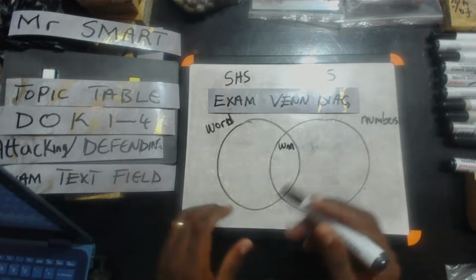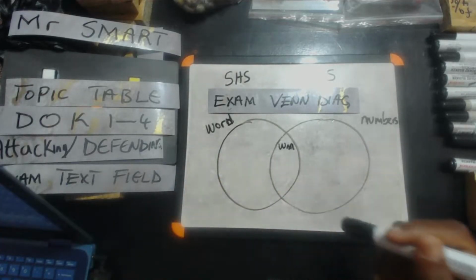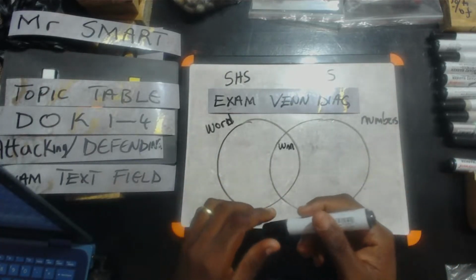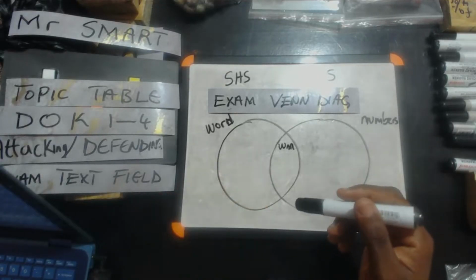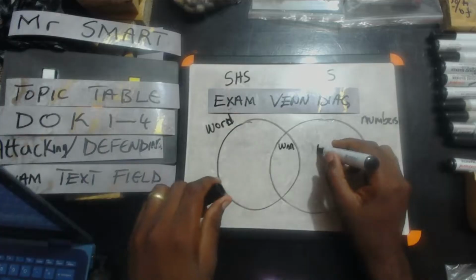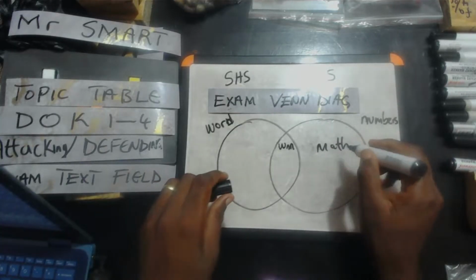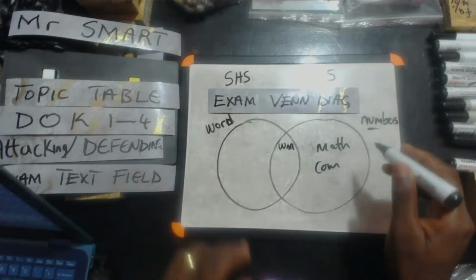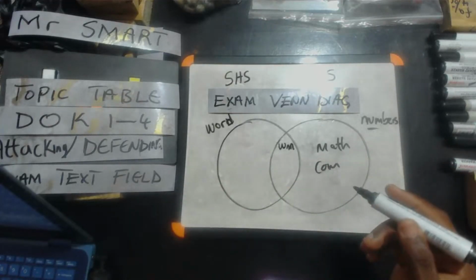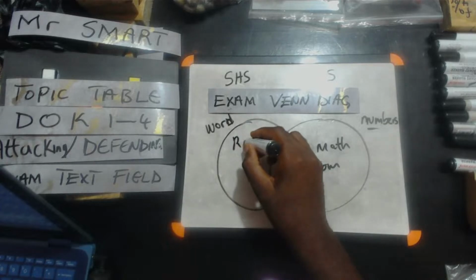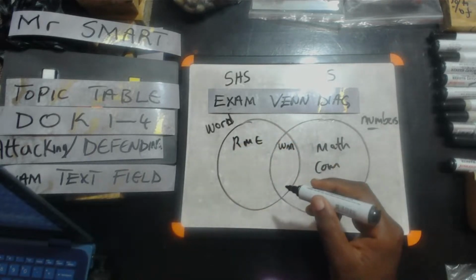So let's go straight. If you're in JHS, likely you are going to be writing mathematics, computing. So mathematics, I think, will be here. And computing, I would say, contains more numbers than words, even though it also contains some words. We have RME. Let's put RME here. We have French.